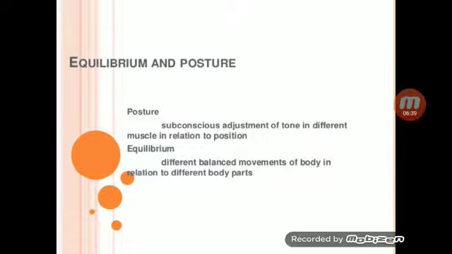Posture is concerned with subconscious adjustment of tone in different muscles in relation to position, and equilibrium is mainly concerned with balanced movement of the body in relation to different body parts.